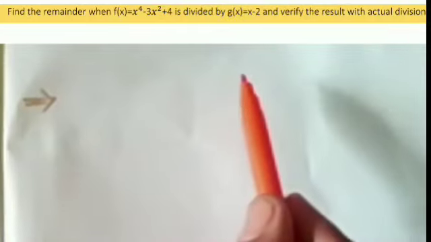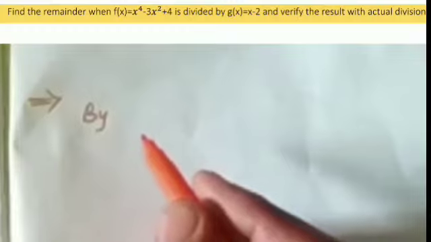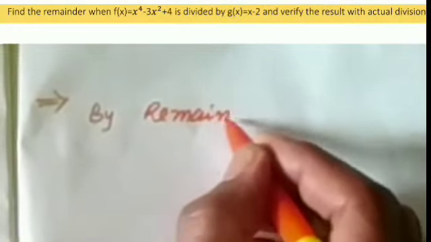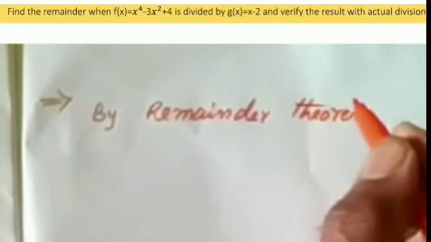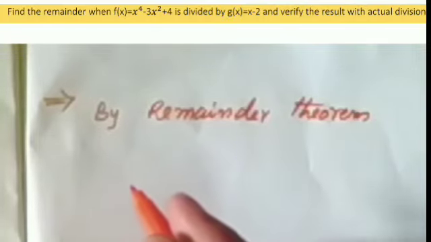Next see another one. Find the remainder when f of x equals x power 4 minus 3x square plus 4 is divided by g of x equals x minus 2, and verify the result with actual division. By the remainder theorem, here also we check two methods.